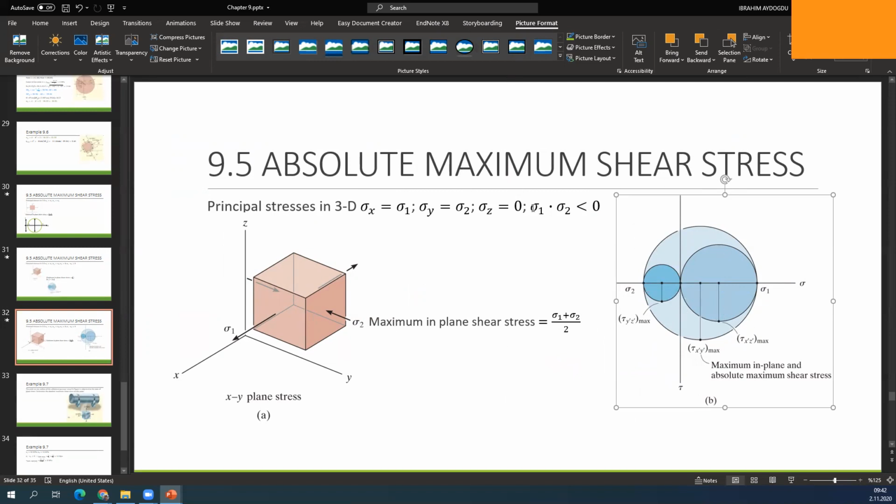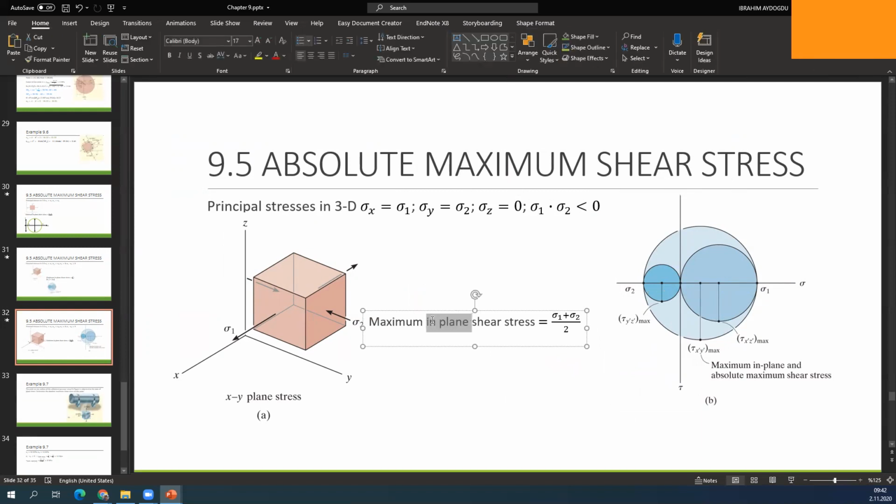So if the multiplication of sigma 1 and sigma 2 is lower than 0, our absolute maximum shear stress is sigma 1 plus sigma 2 divided by 2.